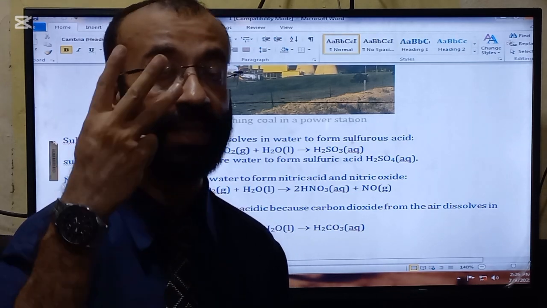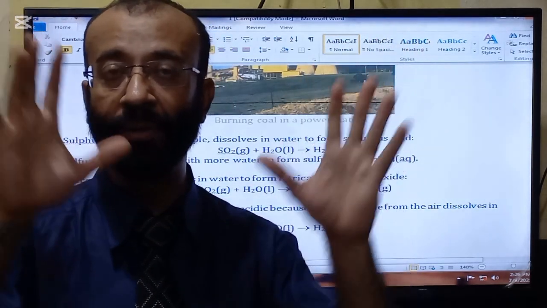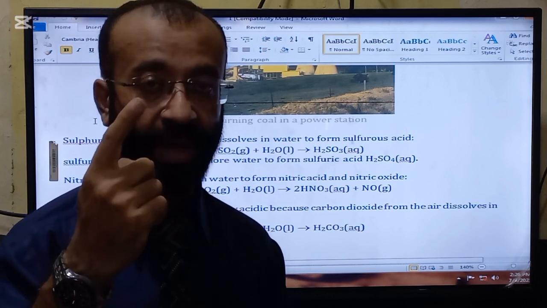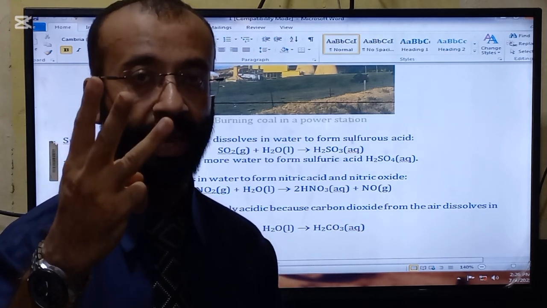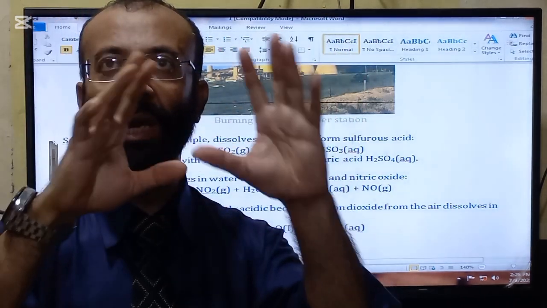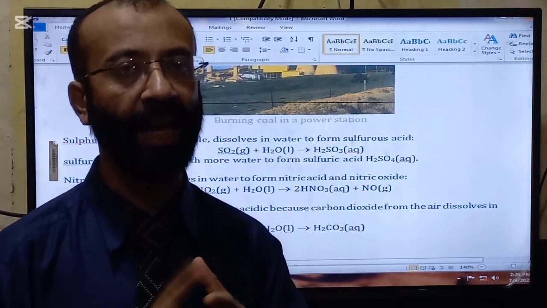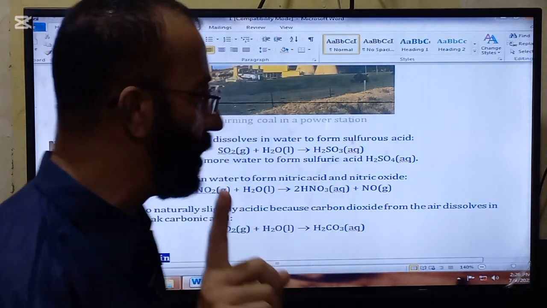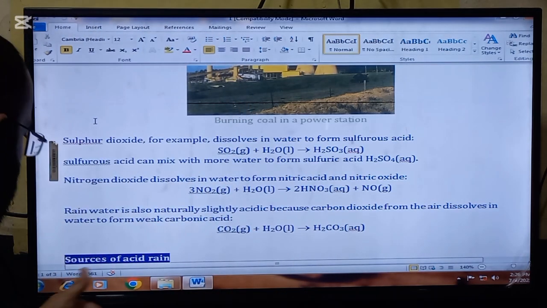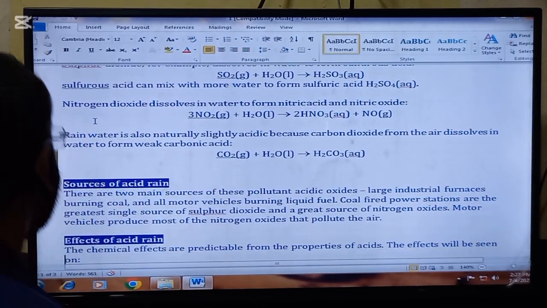So these three acids, sulfuric acid, nitric acid and carbonic acid, are mixed into the cloud water. When these dissolved acids are brought to the earth, damage is done.